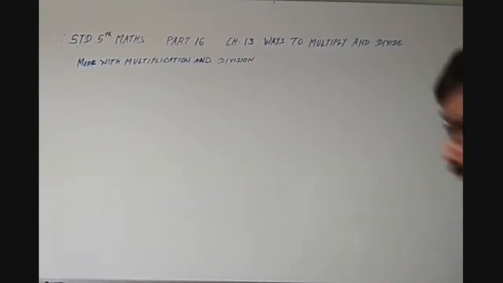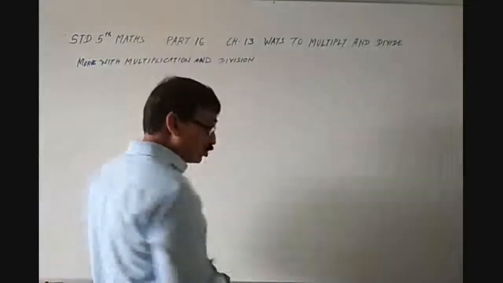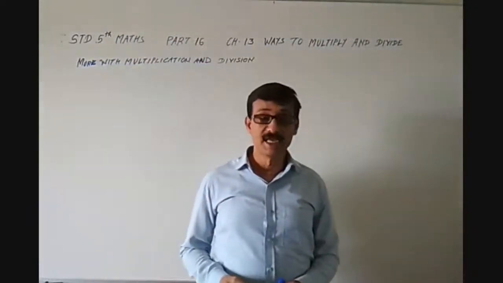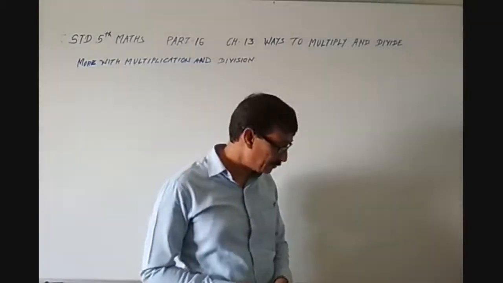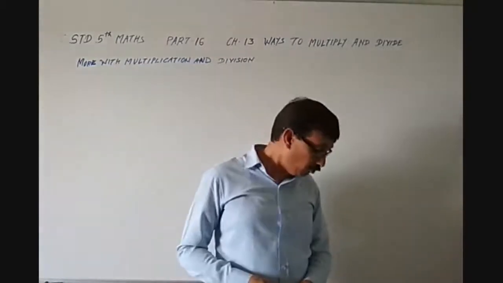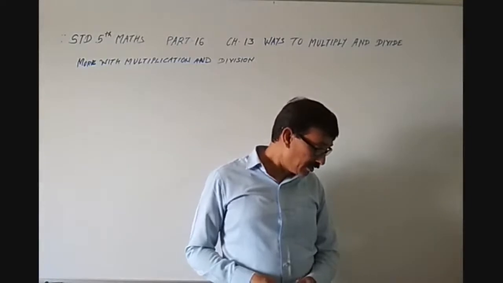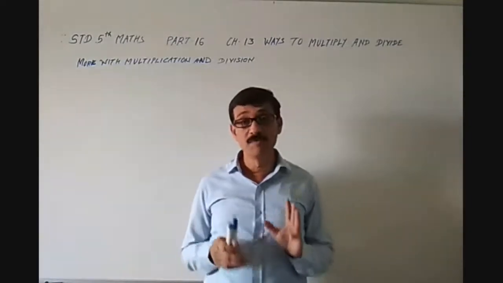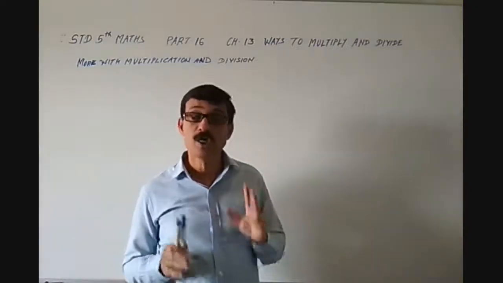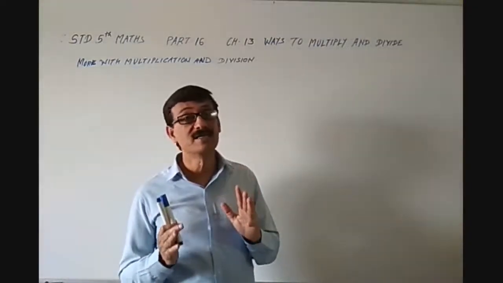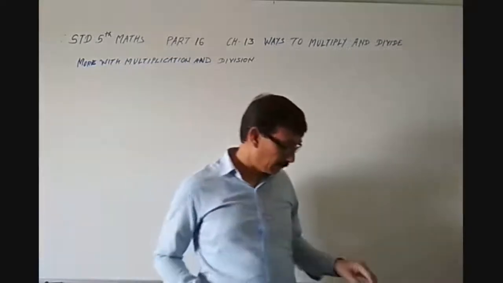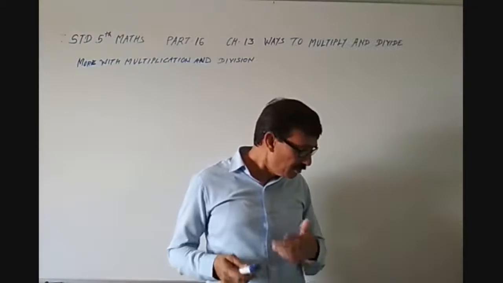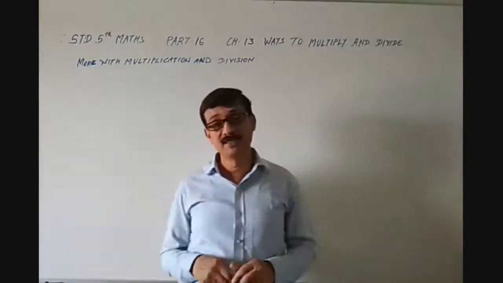Okay, now let's go for more with multiplication and division, in which the first sum, let's see that. A tank is full of 300 liters of water. So there are 300 liters of water in the tank. Now the second thing, how much water will be filled in 25 tanks?